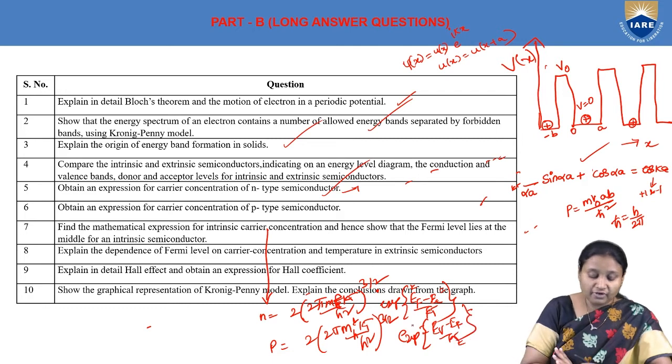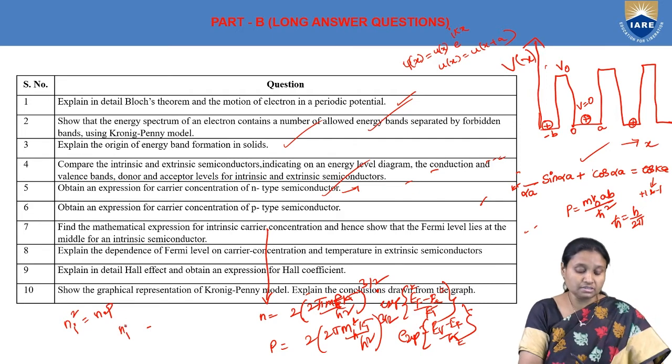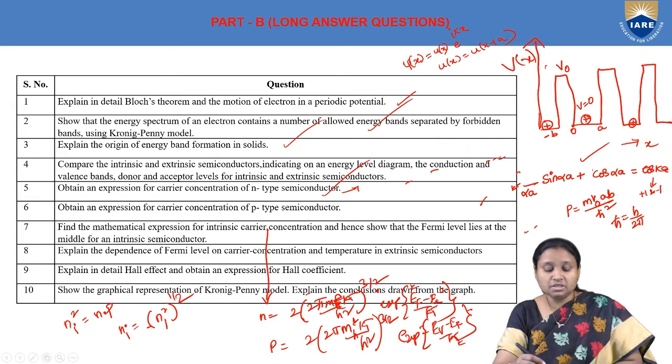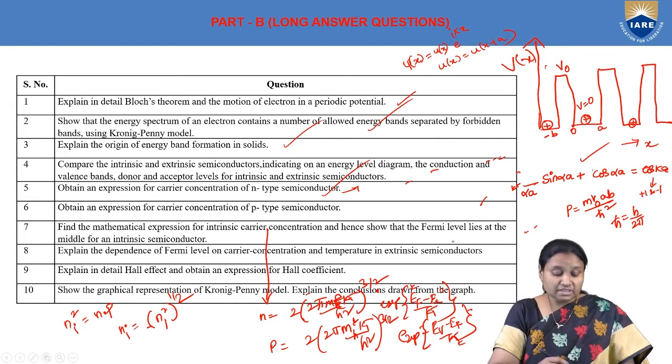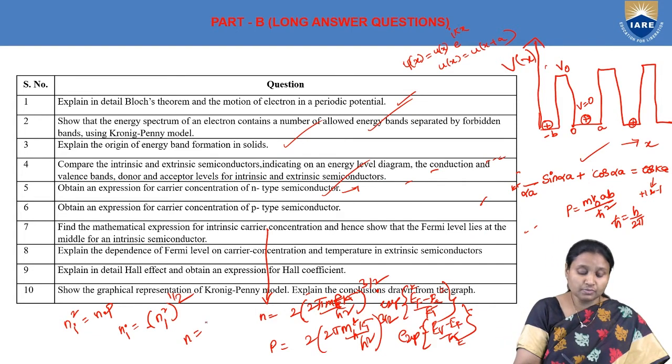And in order to find the intrinsic carrier concentration, we are going to multiply these two expressions and then take the square root. Then we get the expression for carrier concentration. And in order to get the Fermi level, here we have to take n equal to p.